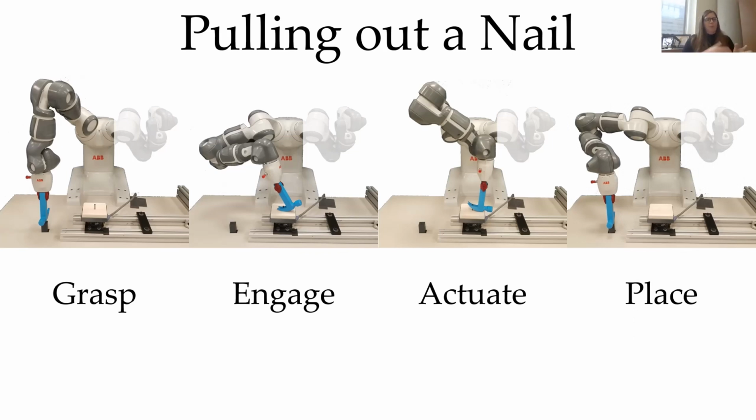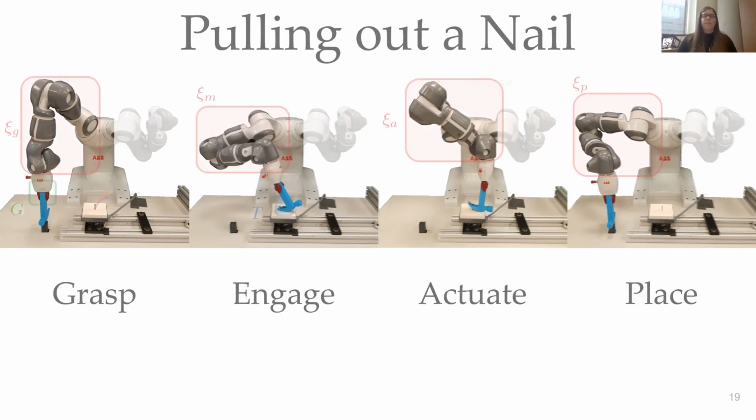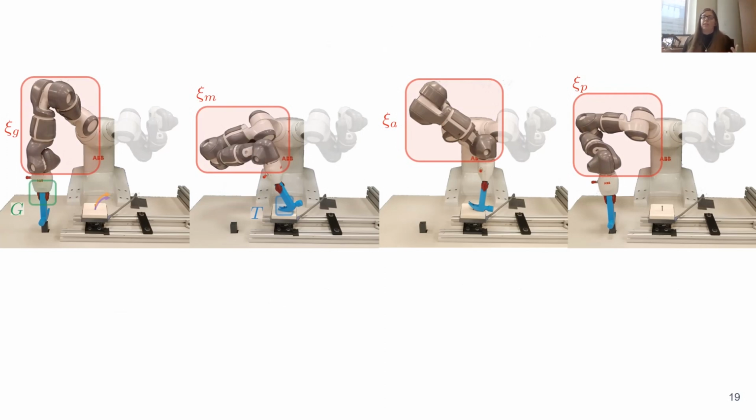The benefit of breaking up a task like this into steps is that it identifies the pieces that we need to solve for in order to complete this task. If we wanted our robot to do this, the robot has to select a grasp on its tool. That's what's highlighted in green. It has to select the relative pose when I make contact with the environment, that's given in blue. And it also has to find the series of paths to accomplish this task, and that's what's highlighted in red.